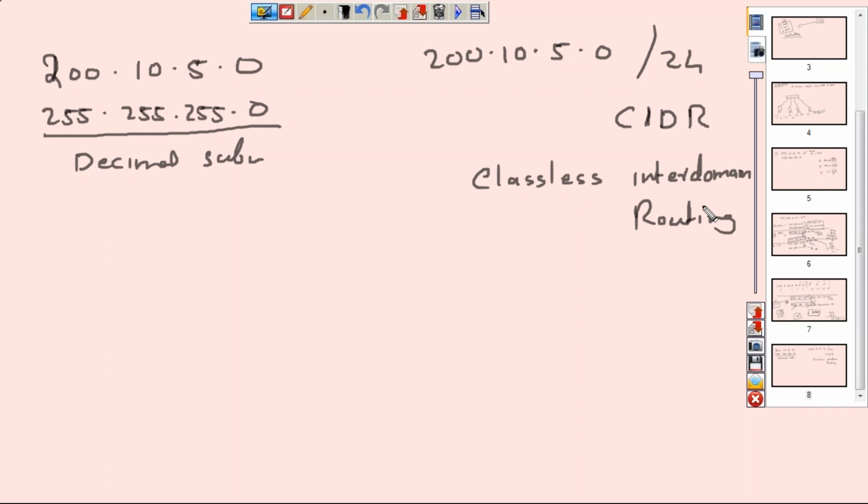We are doing the classless now. We don't care about the class here; we are chopping it up into smaller pieces. So we've given up the classful part of it. This is either called slash notation or CIDR, and they are exactly the same, just two ways of putting it.